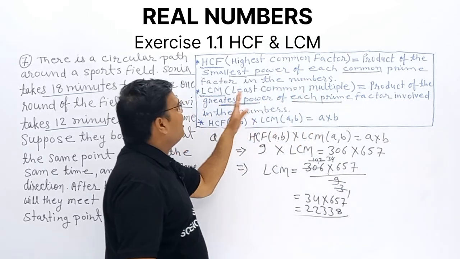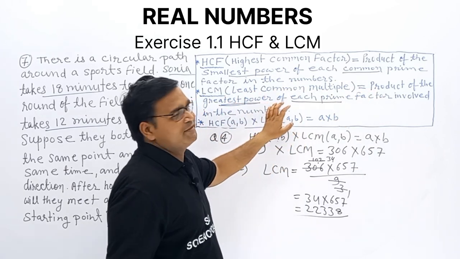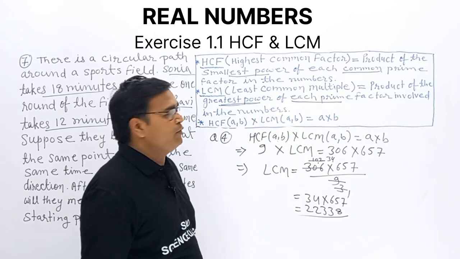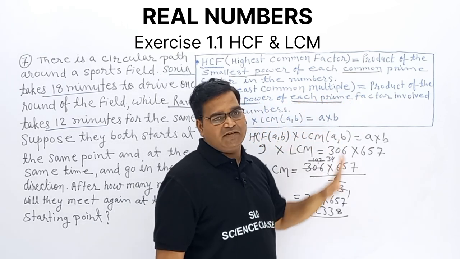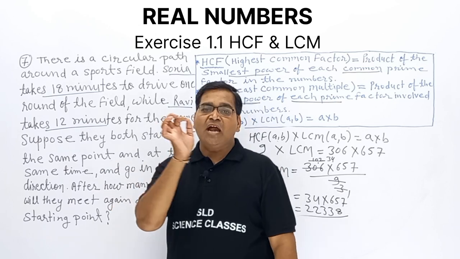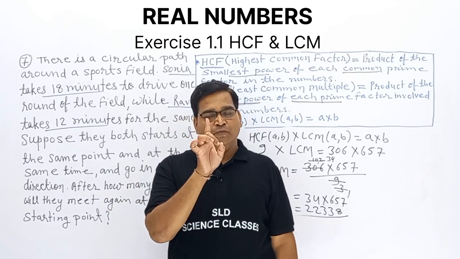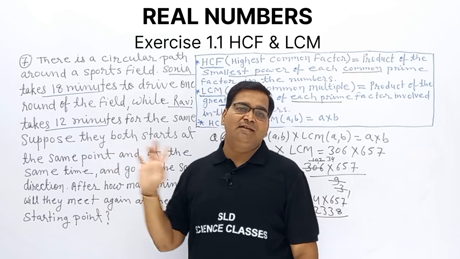Because in the LCM, least common multiple, we include all factors, the greatest power of each prime factor. So they will meet at the starting point when we find the LCM of 12 and 18.